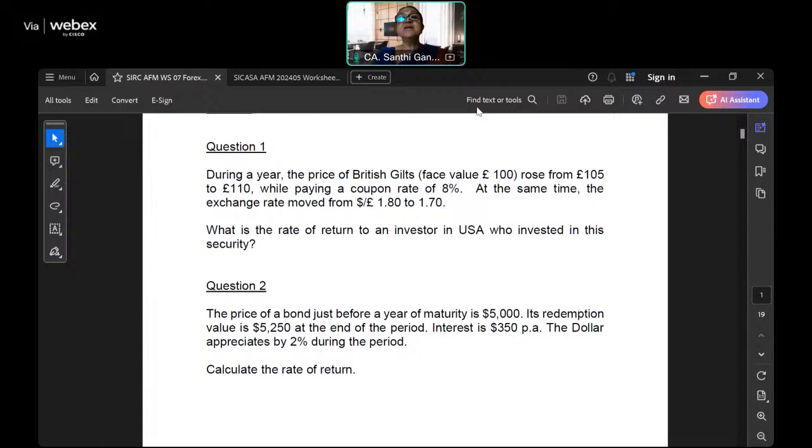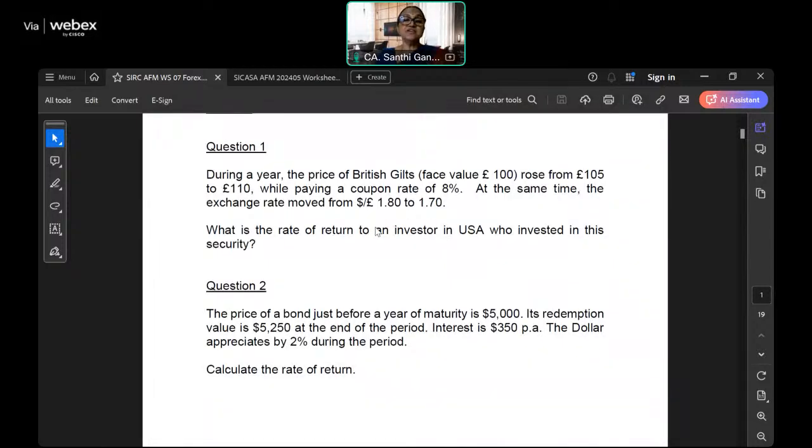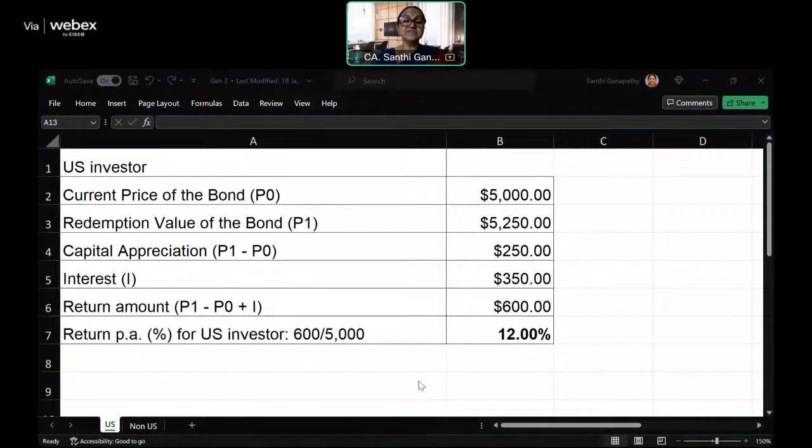But if we are talking about a US investor, what is the need to mention the appreciation? Is there any need to mention the appreciation? No need.